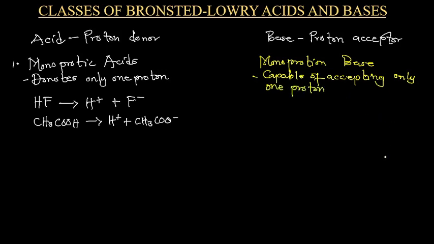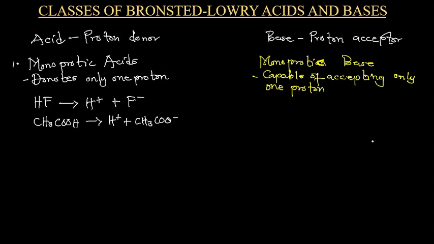Remember what Bronsted and Lowry said about bases. They said bases are proton acceptors, and there are bases that can accept more than one proton. But if it can accept only one proton, then we say it is a monoprotic base.